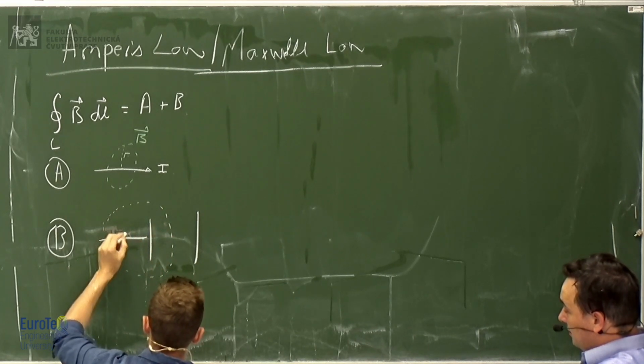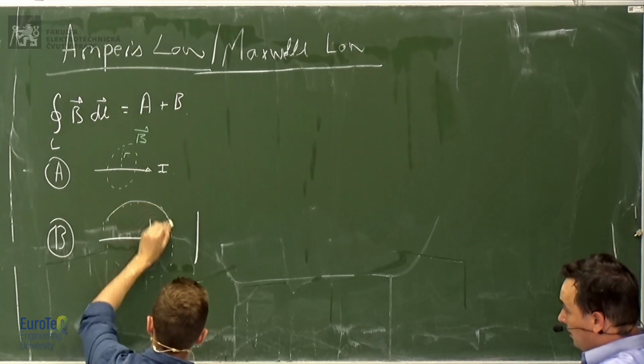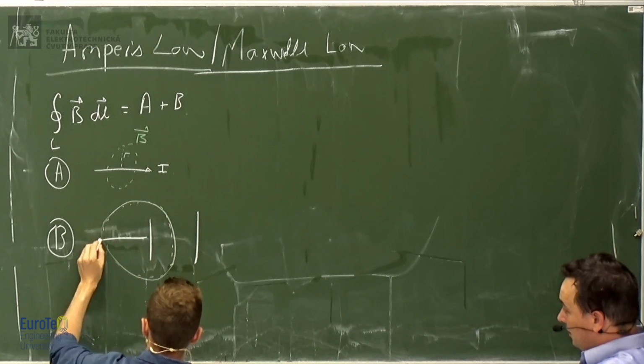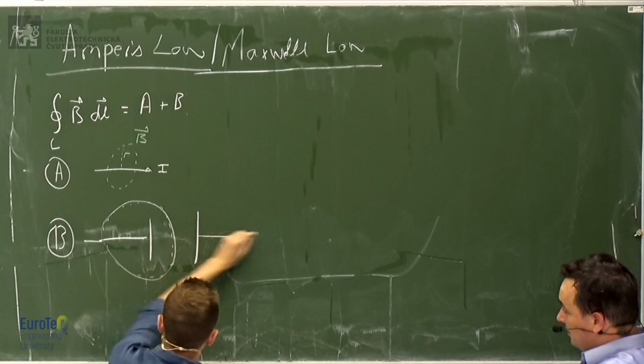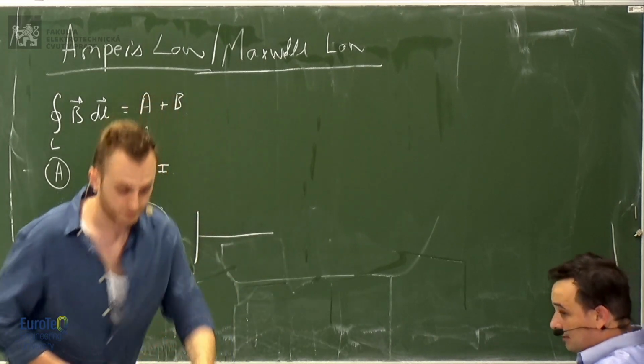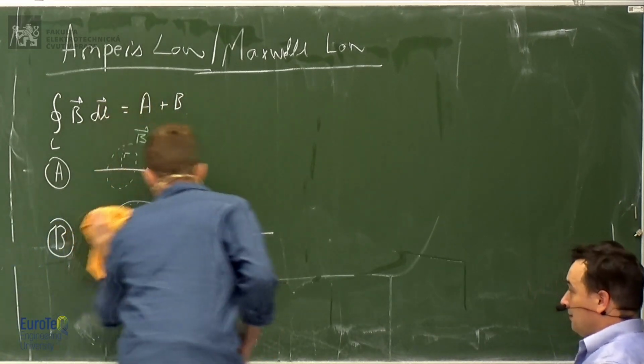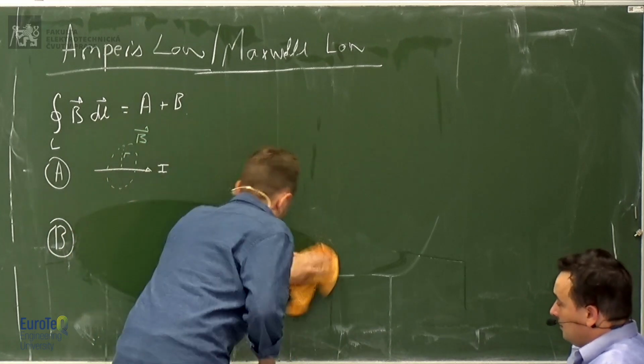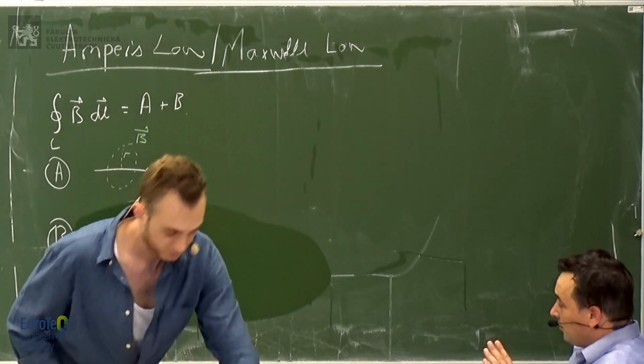Draw always a ring before. No, draw the edge. Where do you have the magnetic field? Oh, yeah, you're right. The magnetic field is always in the same position.